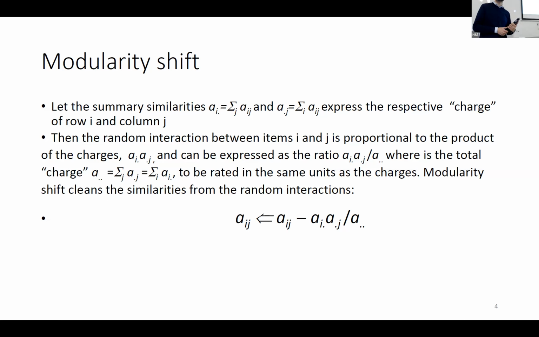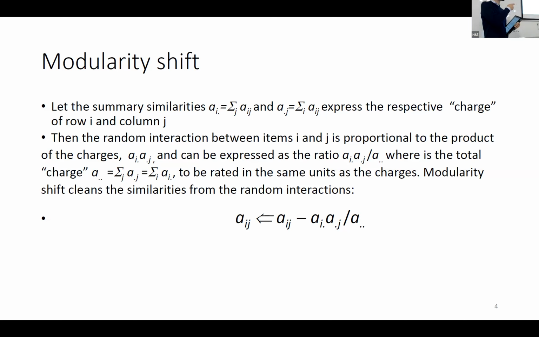Let the summary similarities express the respective charge of rows i and j, and this gives us a method to construct the consensus matrix by the following formula.